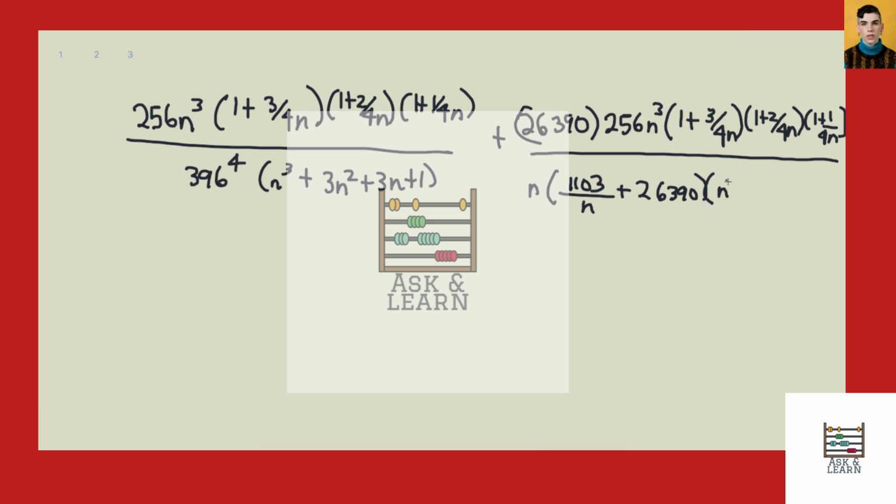And then I still have n cubed, 3n squared, plus 3n plus 1. But we still have this 396 to the 4th we have to deal with too. Okay, so let's go on to the next step here of the simplification.